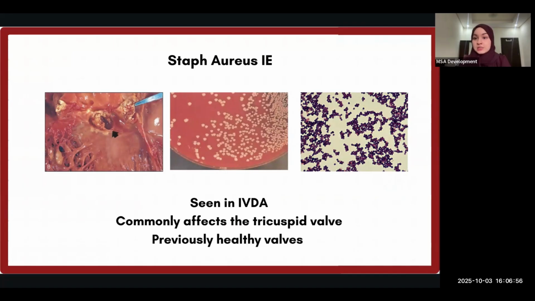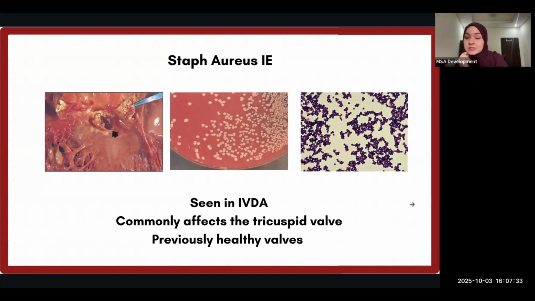So whenever you see a case describing someone with IVDA, whether they're explaining the intoxication symptoms, or they tell you they have needle markings in their arm, immediately think of IV drug abuse and think of Staph aureus. And when you think of that, also think of it affecting the tricuspid valve. The tricuspid valve is very rarely affected except in cases of IV drug abuse. Why is that? It's because the vein drains into the right side of the heart, and the first valve it's going to encounter is the tricuspid valve.